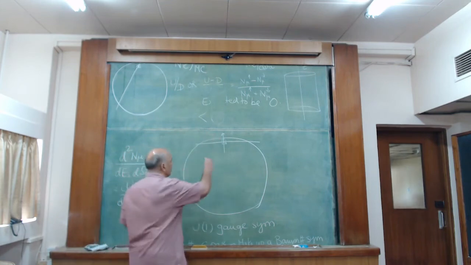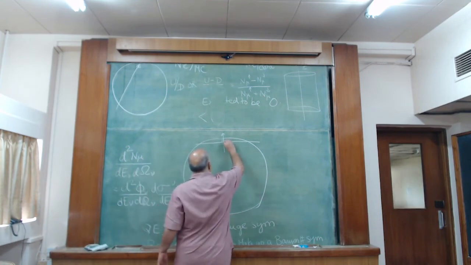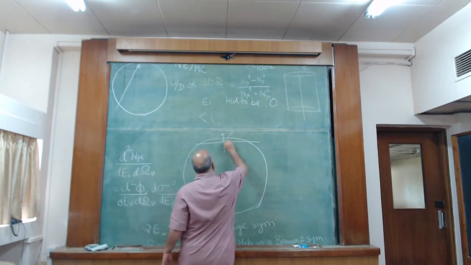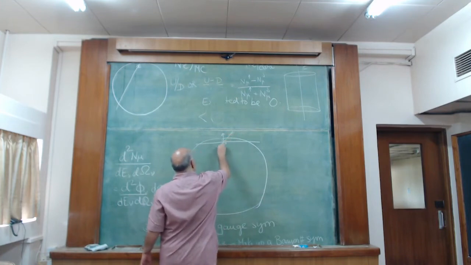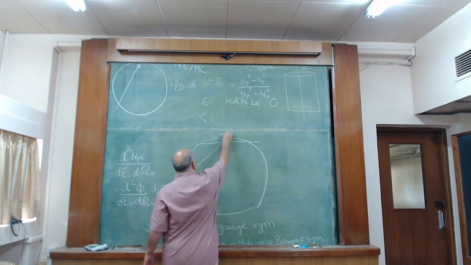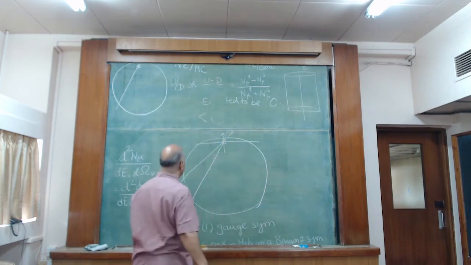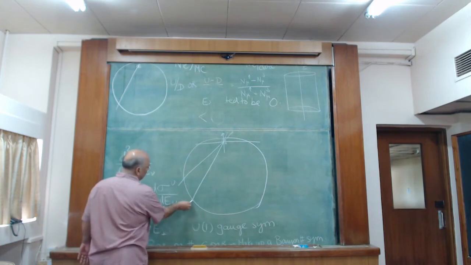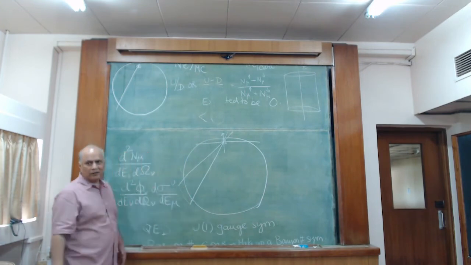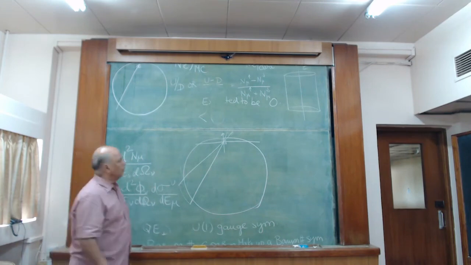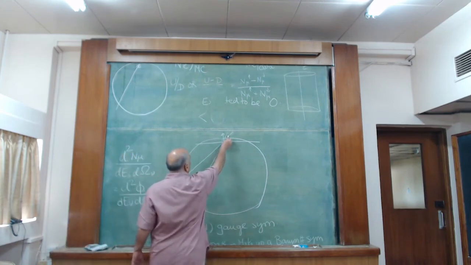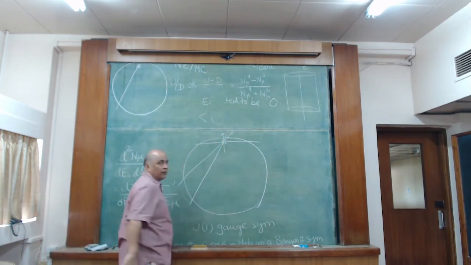I mean, for example, consider a line like this, and consider another line like this. Here you say, oh, here the neutrinos are being produced over a larger area, but they are being produced over a much smaller area here.